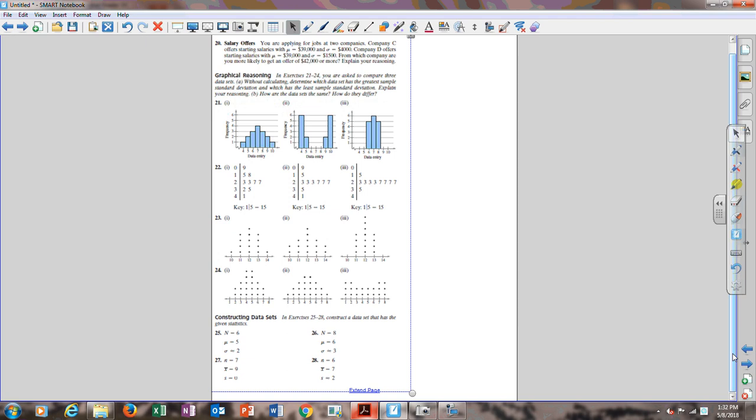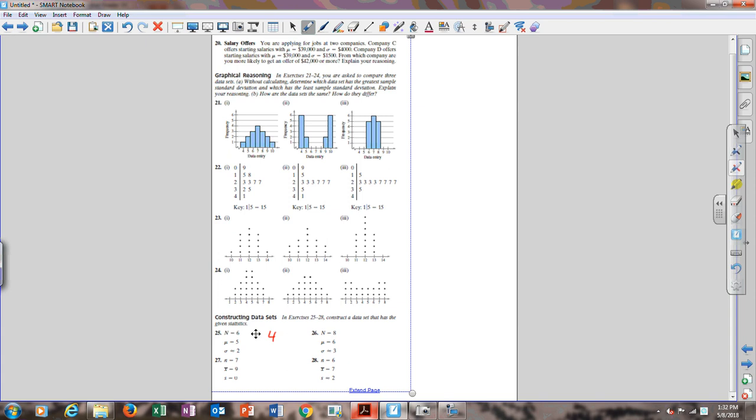All right, number 25, construct a data set that has the given statistics. Okay, so we need a standard deviation of 2 and n equal to 6. So I'm going to start with my center, and I'm going to call that 4.